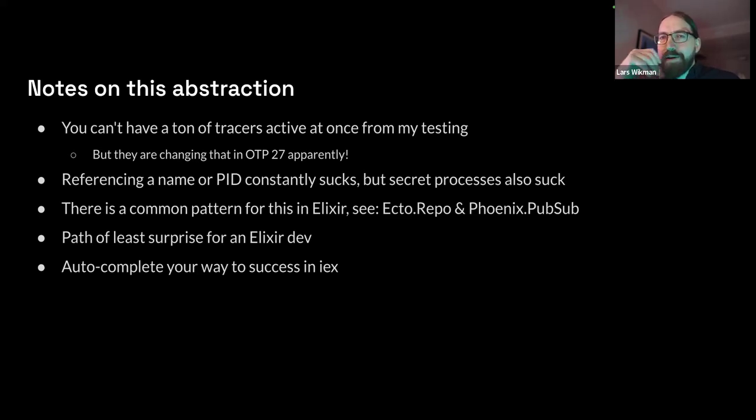It doesn't necessarily mean that the language or the library design needs to change much, but it's interesting that they're making that change now after many, many years of a single tracer. Yeah, needing to reference a name or a PID constantly kind of sucks. But having secret processes or Erlang applications that spin up in the background is also not what I find ideal, which is what I think most of the tracers do.